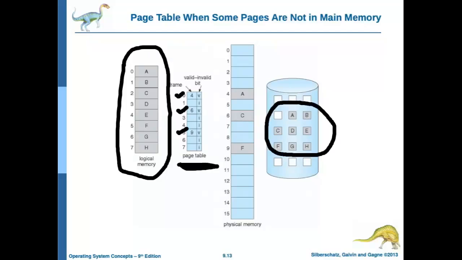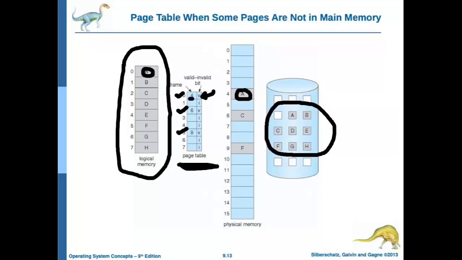Page number 0 from logical memory, which is A, is loaded at frame number 4. So the very first page table entry says page number 0, frame number 4, and this valid bit.